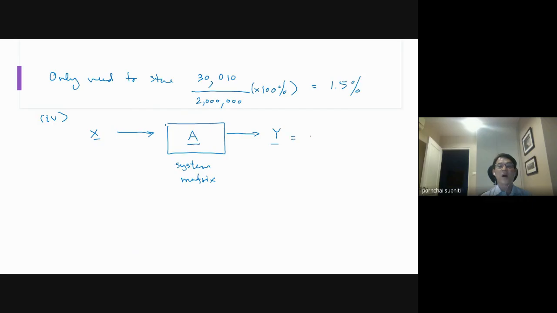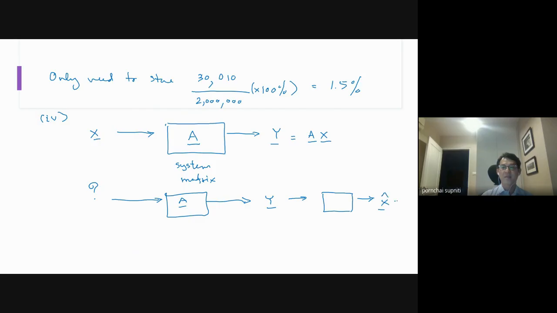So you get y equals Ax. Oftentimes we don't know x. All we know is the system matrix, which you can think of in communication as a channel, and then we have y. The question is always, what is x? Let's say, the estimate of x. What is it?